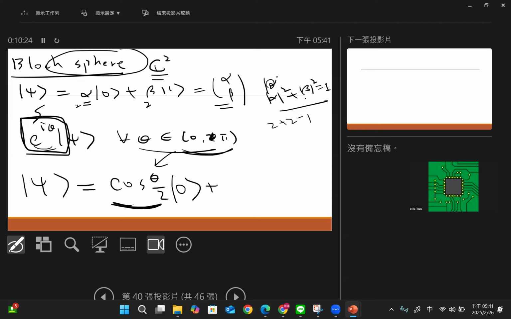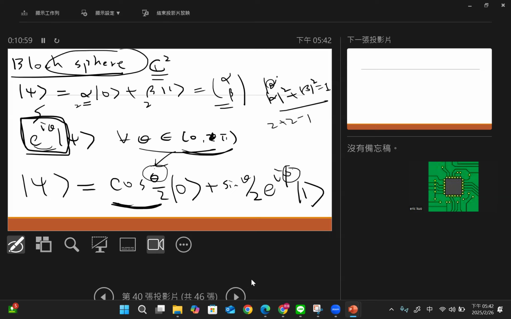But there should be an extra phase of beta relative to alpha. I chose alpha to be real, but beta can still be an arbitrary complex number and can still have a phase, so you can place that here. If you plot it, you get theta and phi, and these theta and phi are basically spherical coordinates.